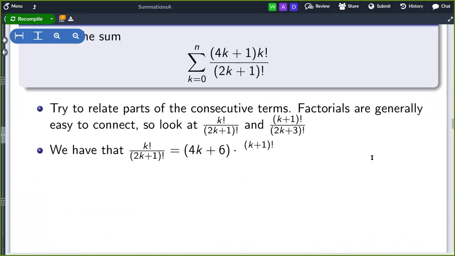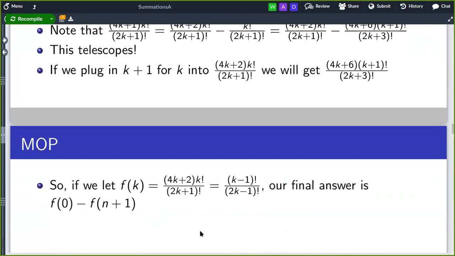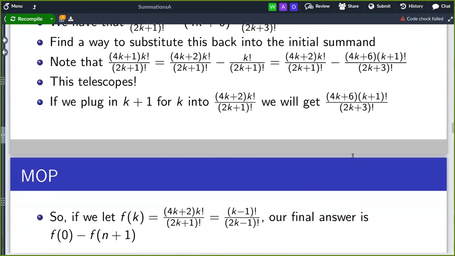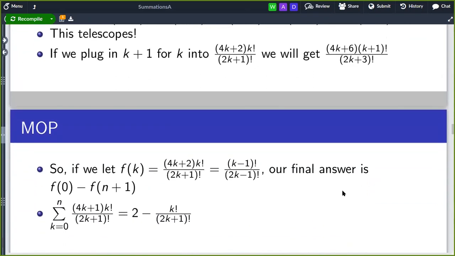As a general rule of thumb, telescoping questions, once you find a telescopic relationship, are pretty much a one-line solve. So we can just write it as f of 0 minus f of n plus 1, and some simplification gives 2 minus the quantity k factorial over (2k+1) factorial.